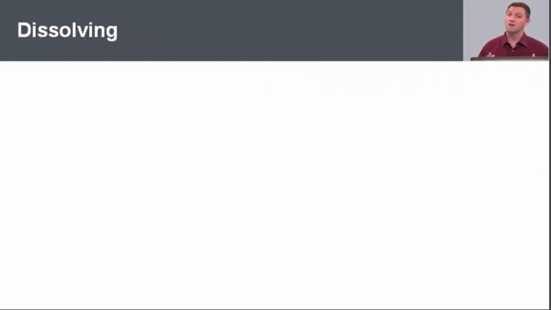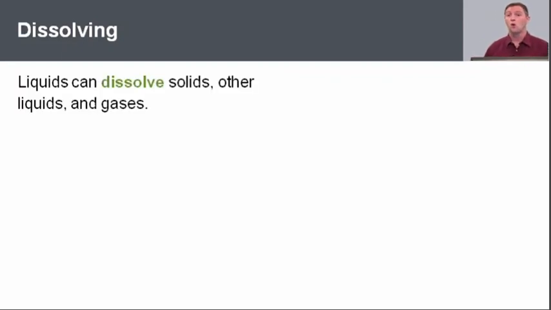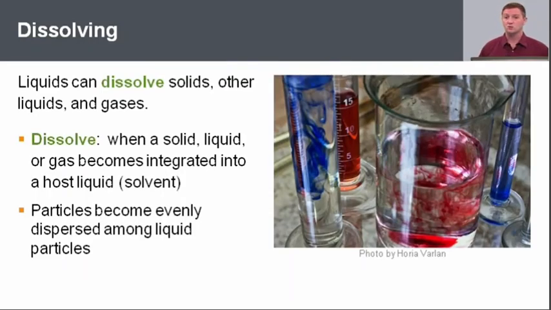Now, another property of liquids is their ability to dissolve other substances. They can dissolve solids, they can dissolve other liquids, they can also dissolve gases. How does this work? Well, in a solution you have a solvent and a solute. The solvent is the host liquid.